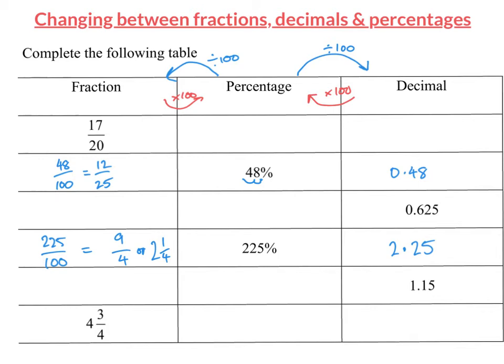So 0.625 here. If we multiply this by 100, the decimal place will move twice, 1, 2. And so that'll end up as 62.5%. Now, again, we have a percentage, so to go from a percentage to a fraction, we divide by 100. 62.5 over 100.